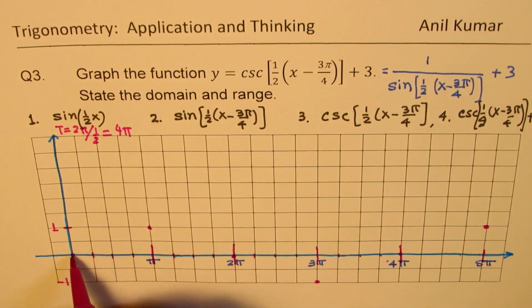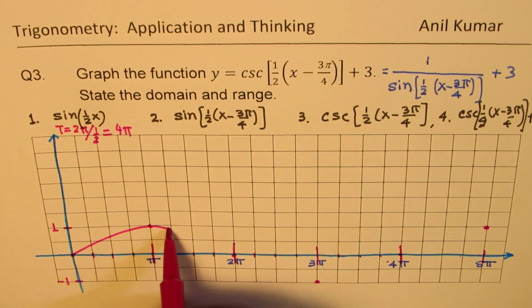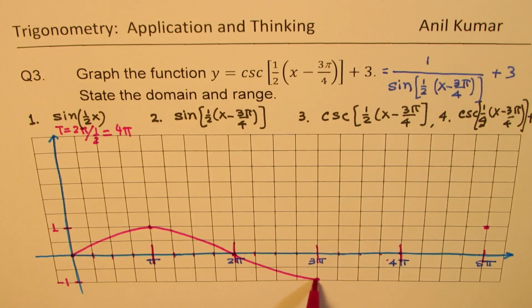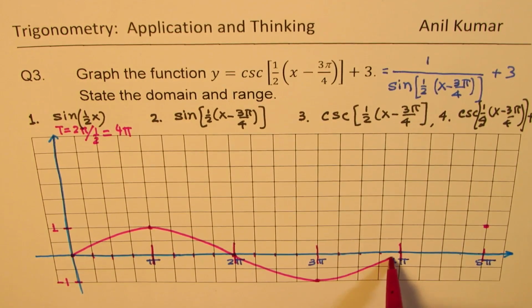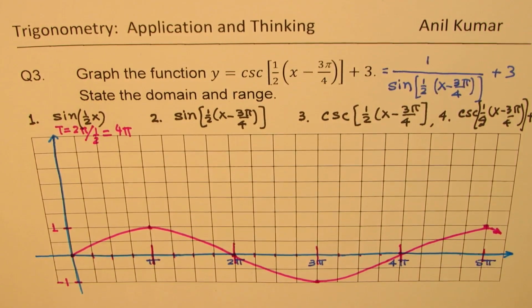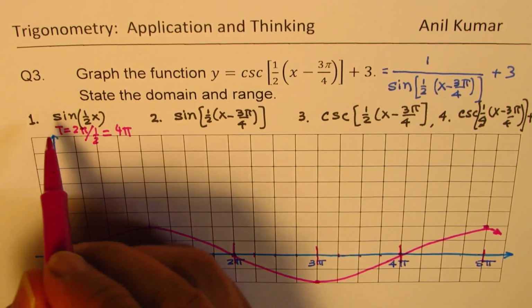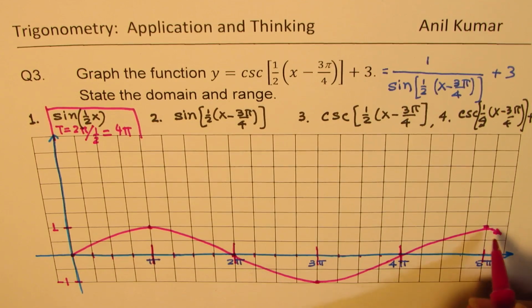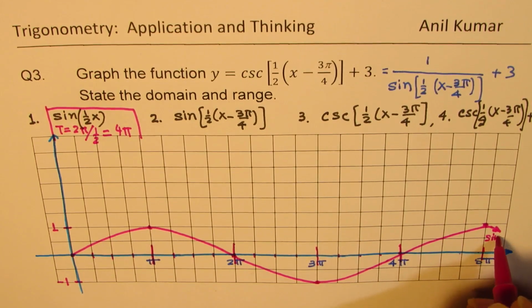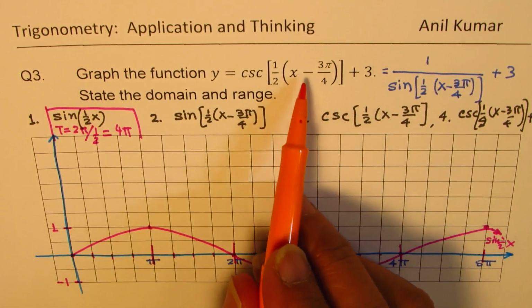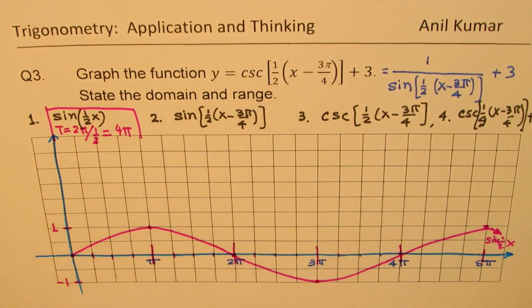So let me sketch this portion so we get this graph, time period being 4 pi. Clear? Okay. So we have got the first part of it, which is sine of half x. Clear?